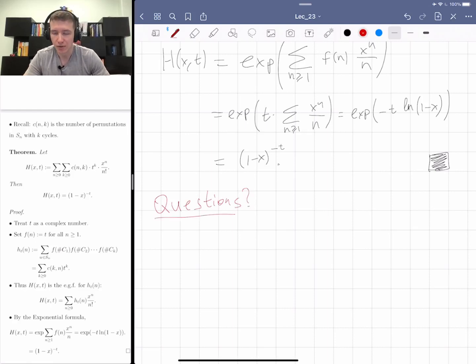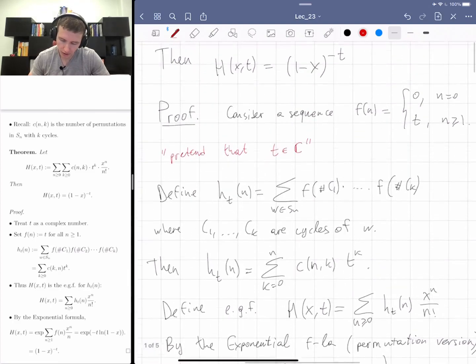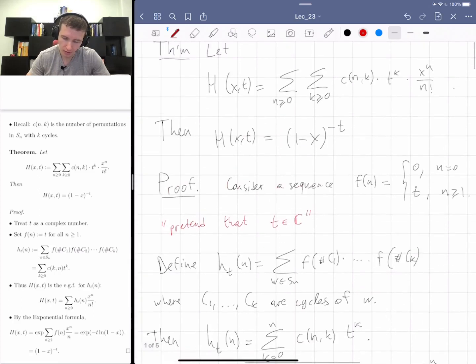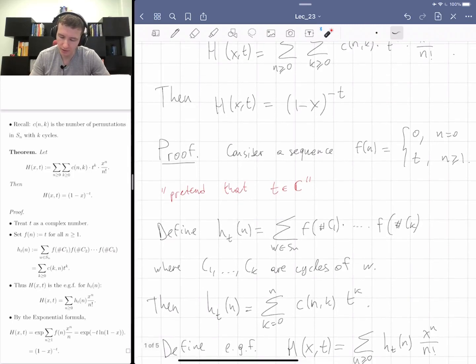Where does the t come from again? So originally, t to the k represents the number of cycles of your permutation, k being the number of cycles. So the idea is that I take f of n to be equal to t, basically, because when I write down a sum like this, if there's k cycles, then I'm going to get t to the k from each permutation with k cycles.